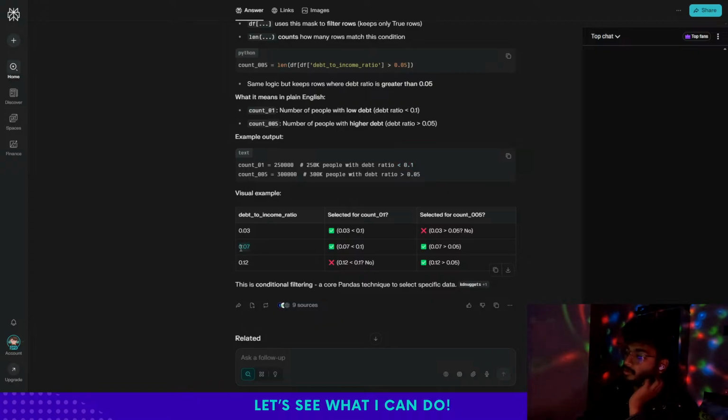Now for 0.07, as it is smaller than 0.1, it would be selected, but it would be also selected for 0.05. And same goes for here. Basically, there is a clear indication for this as well as this, but not for the 0.07 kind of thing.